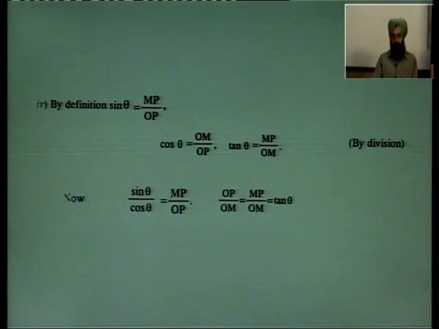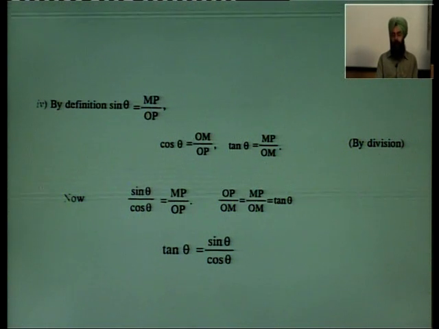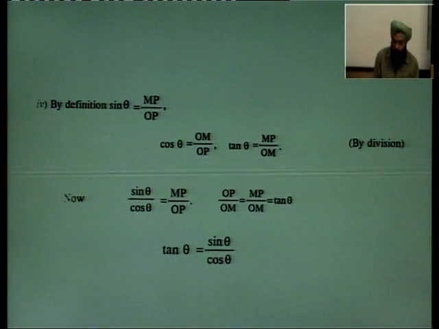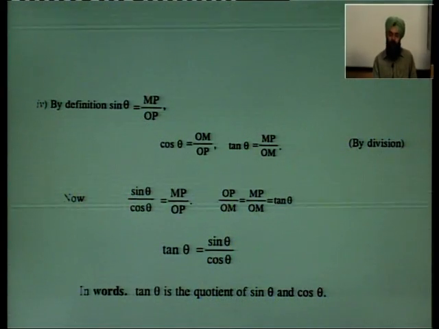That is equal to MP by OM, which is equal to tan theta. So, sin theta by cos theta is equal to tan theta. In this way we can derive the tan function by knowing sin theta and cos theta. In other words, tan theta is the quotient of sin theta and cos theta.